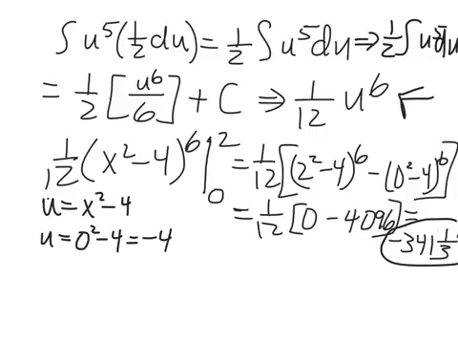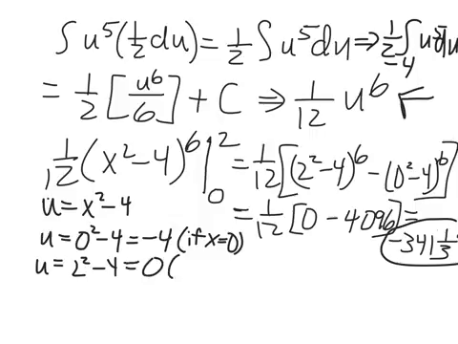So up here we could say we're going to integrate with respect to u from negative 4 on up to, I guess we should say if x equals 0 here, and if x equals 2, u is 0.